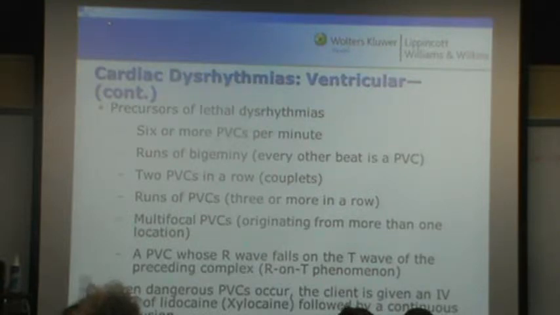A PVC originates right there. It's called R on T phenomenon. And it can actually cause patients to go into lethal dysrhythmias like VTAC or VFib, even asystole.